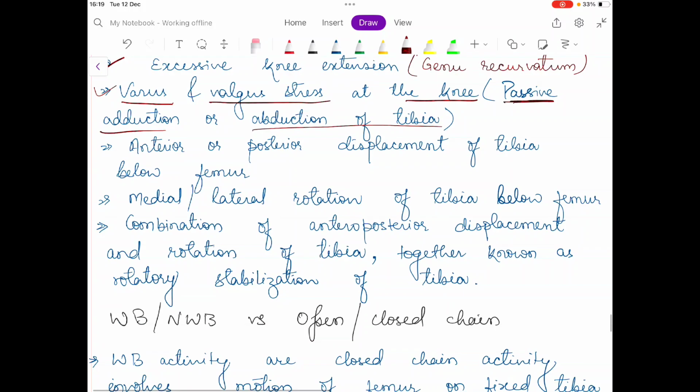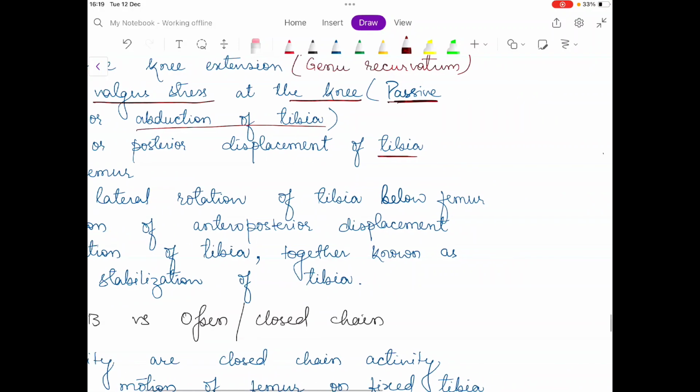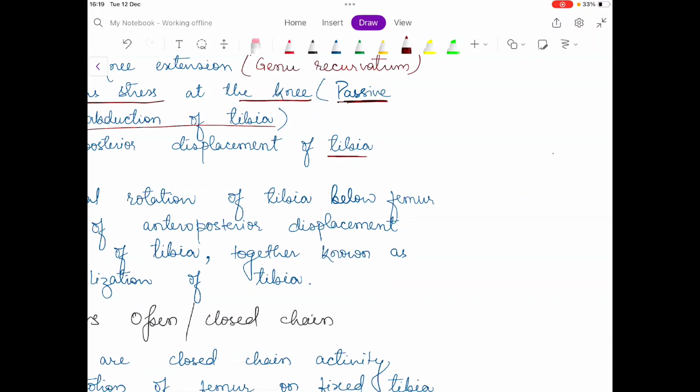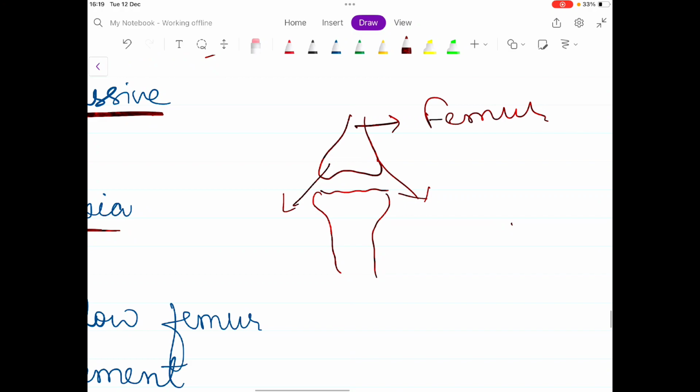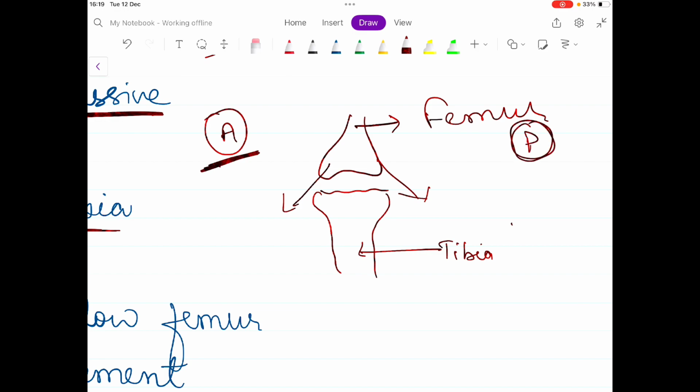Now the third point is anterior or posterior displacement of the tibia below the femur. Let's say I'm drawing a rough sketch here. Let's say that this is the femur and these are the two condyles of the femur, the medial condyle and the lateral condyle, and below the femur in the knee joint there is the tibia. Let's say this is the anterior part and this is the posterior part.